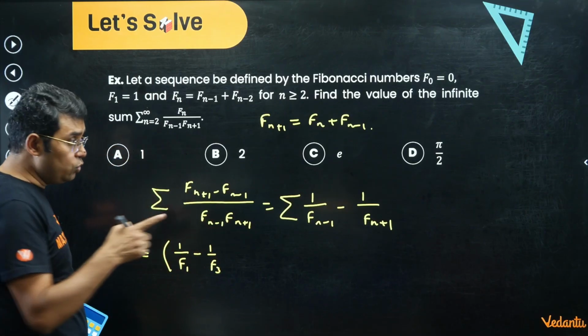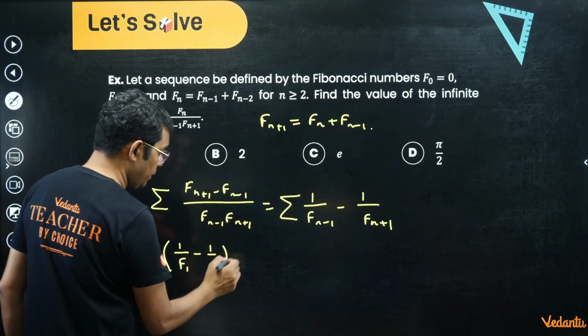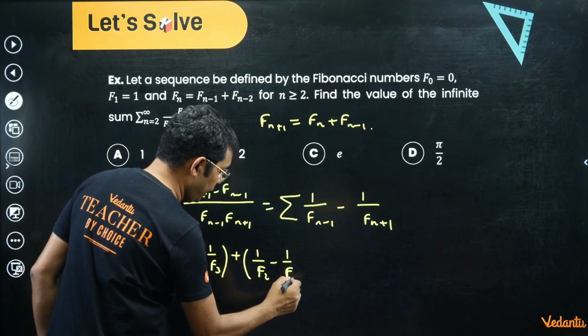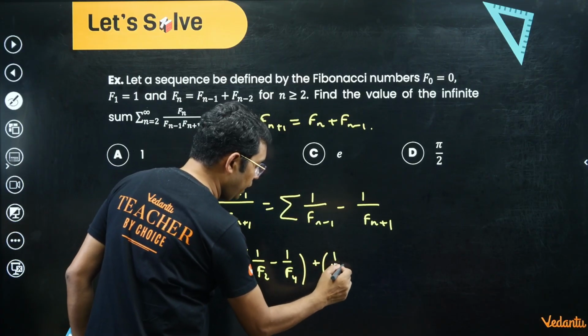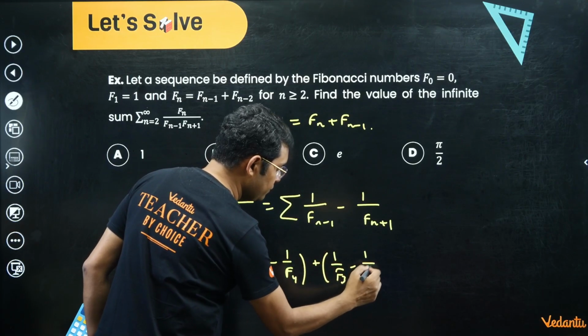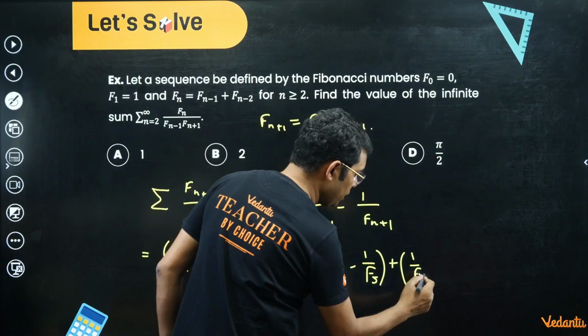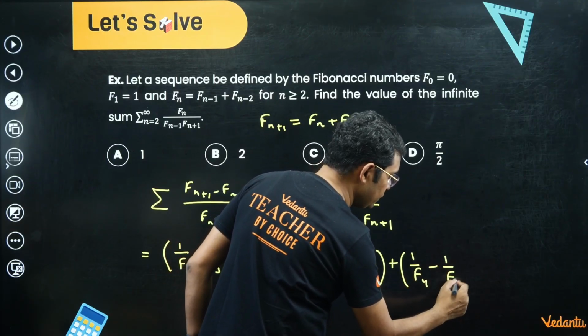It is not 2, the difference is of 2. Plus 1 upon f2 minus 1 upon f4, plus 1 upon f3 minus 1 upon f5, 1 upon f4 minus 1 upon f6 and so on.